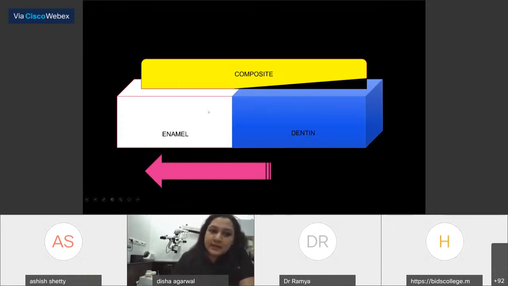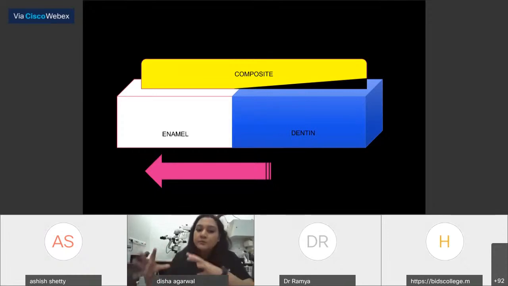Why is it moving towards enamel? Because my enamel is the more bonded surface. Whenever we have a polymerization stress or shrinkage developing, the composite will move towards the surface which is bonding faster. Okay, so what happens is it separates out from my dentine.